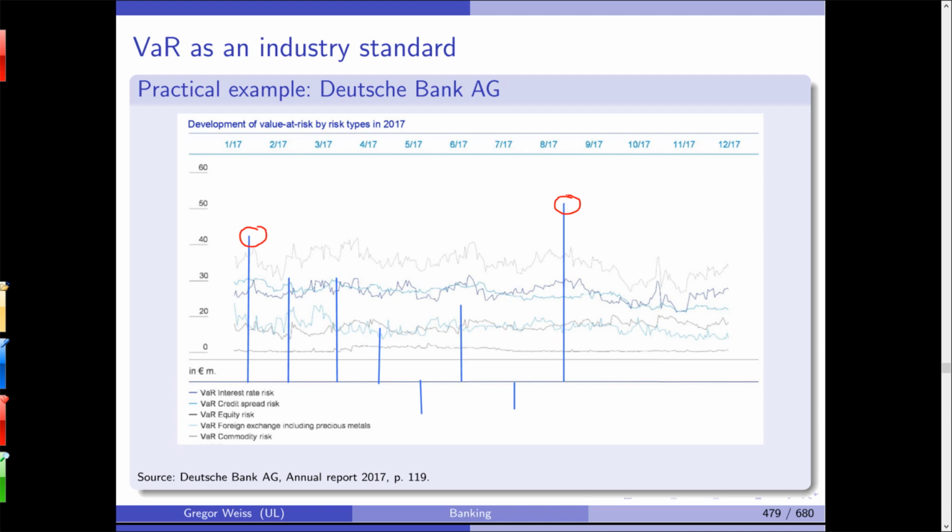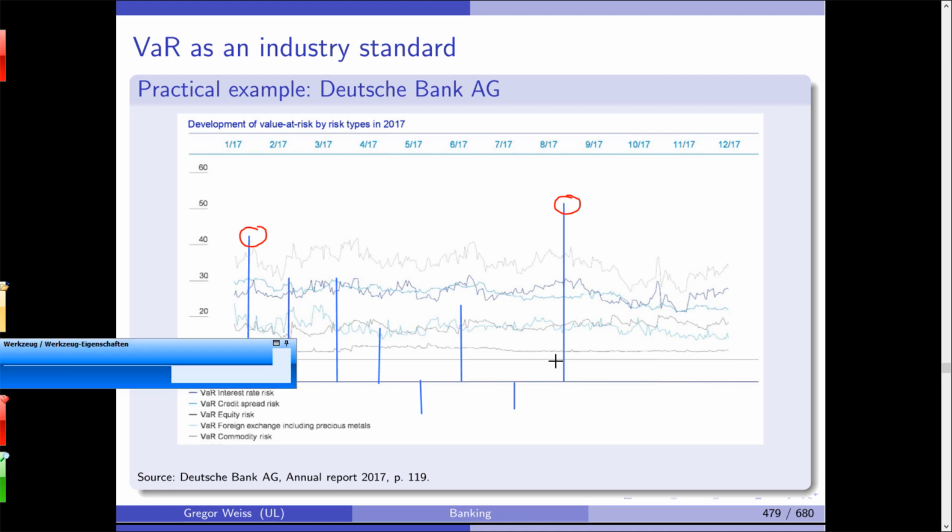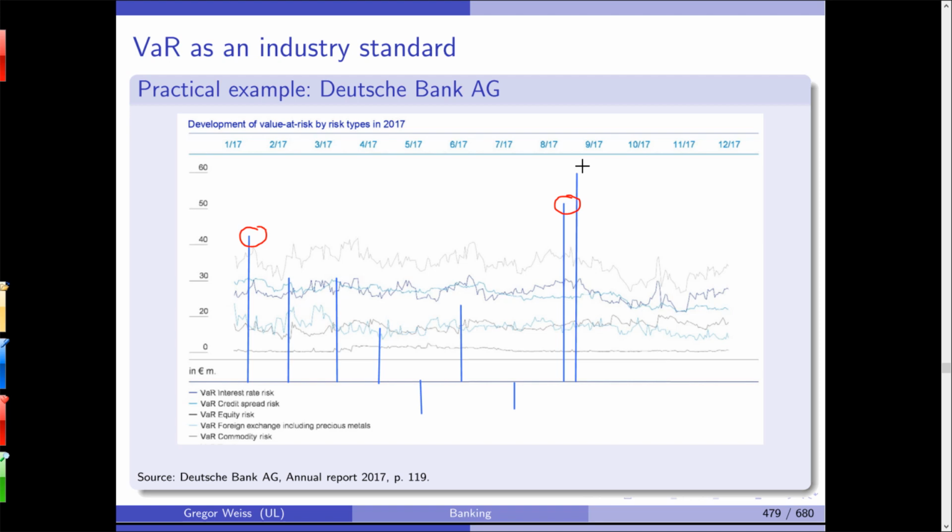And the second thing we would like to see is no clustering. If we expect 5 days, but it looks like this, our risk model is not working properly because it is not independent over time. And the most common backtest tests for those 2 properties jointly and at the same time: the correct coverage, meaning that you have the right number of VaR exceedances, and independence over time.